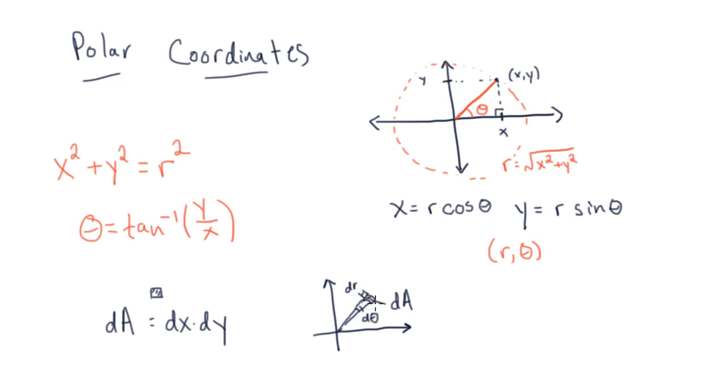But there's one problem, because the farther out I go, this change in theta actually gets magnified. So if I'm closer to the origin, a small change in theta sweeps out a smaller area than if I'm further away from the origin.